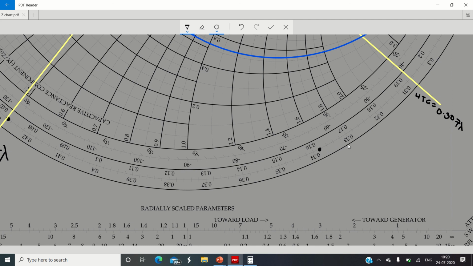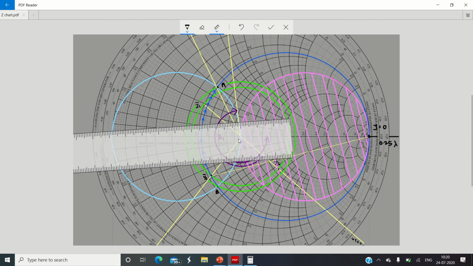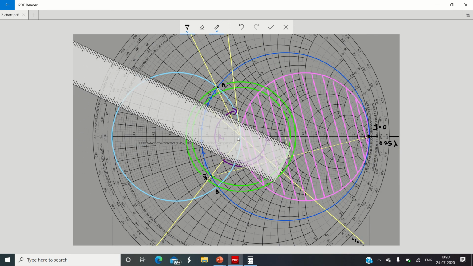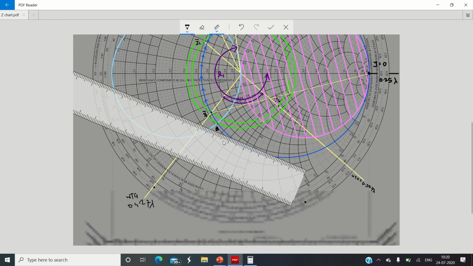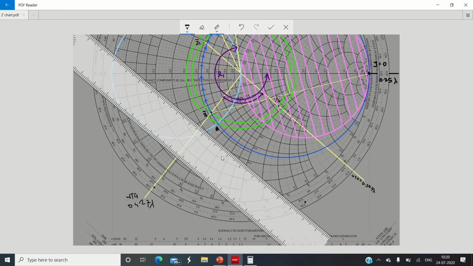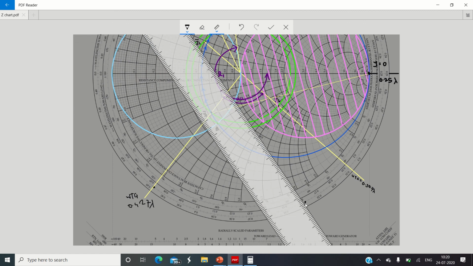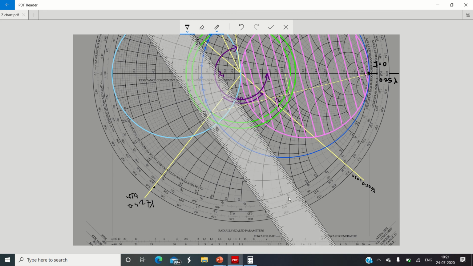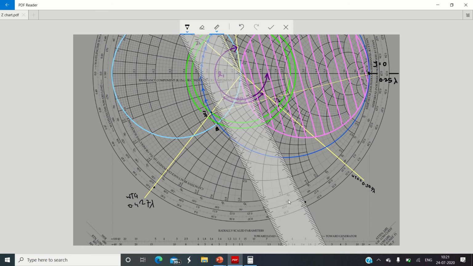Take your scale now and join this WTG value, which we have plotted over here, with the center of the Smith chart. At this marking, I will join this point with the center of the Smith chart, in this way.